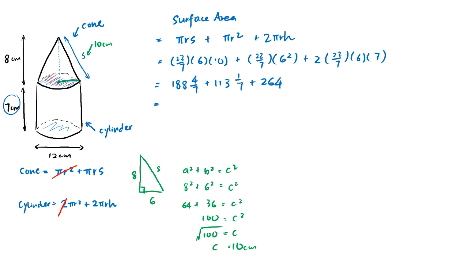So add them all up together: 188 and 4 over 7 plus 113 and 1 over 7 plus 264. Your answer would be 565 and 5 over 7. Remember your unit, which is cm square. So there you go, your answer.